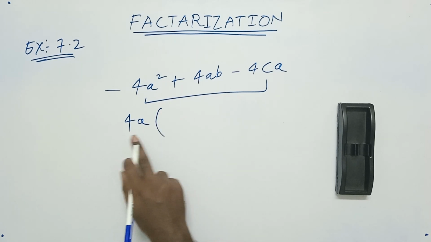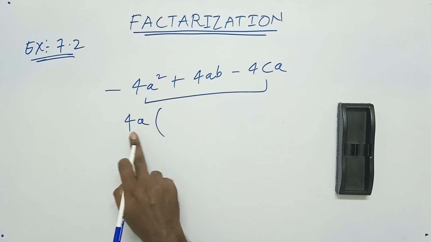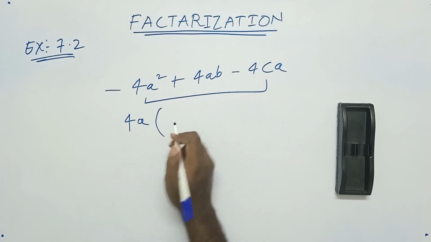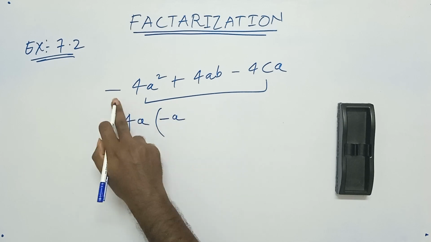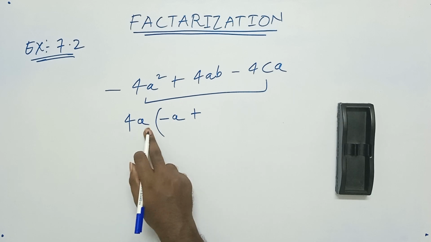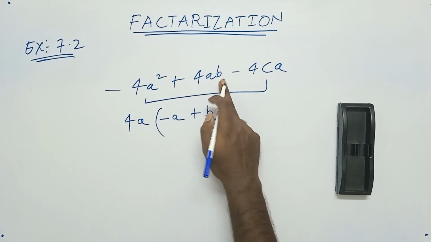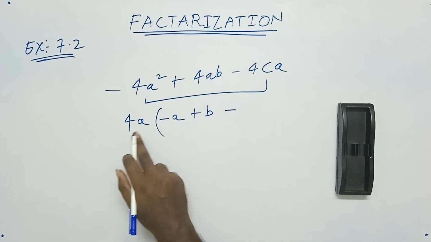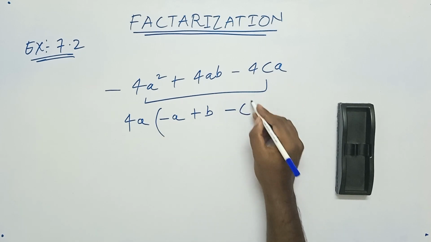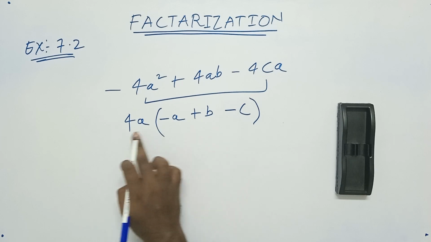Now we are going to divide the whole expression by 4a, right? 4a times minus a is minus 4a square, right? Next plus sign, 4a times b is 4ab. Next minus, 4a times c is 4ca, right? So now we got the product of two factors.